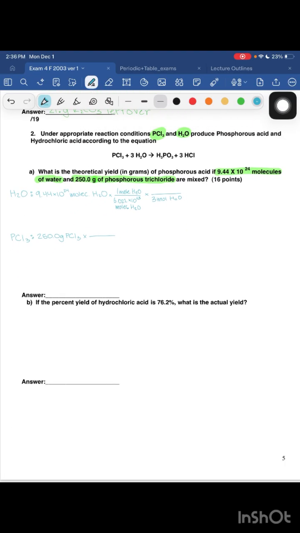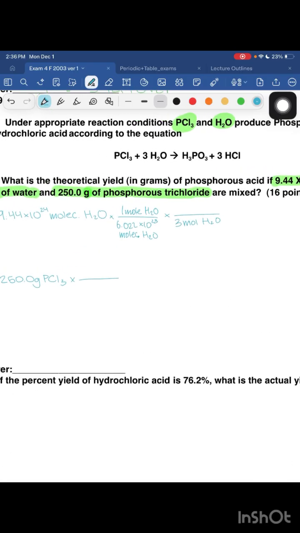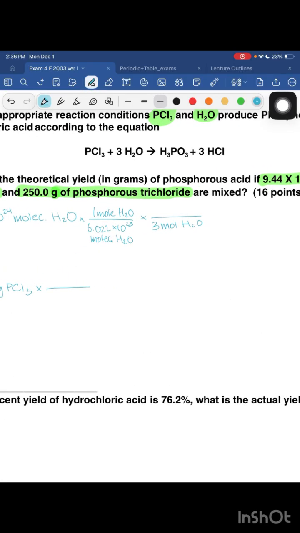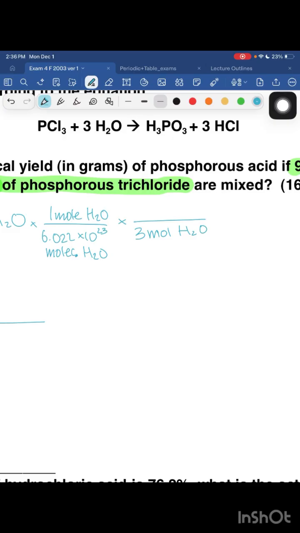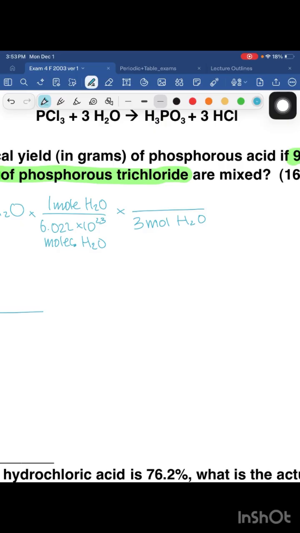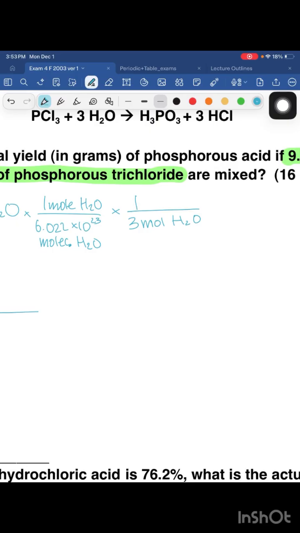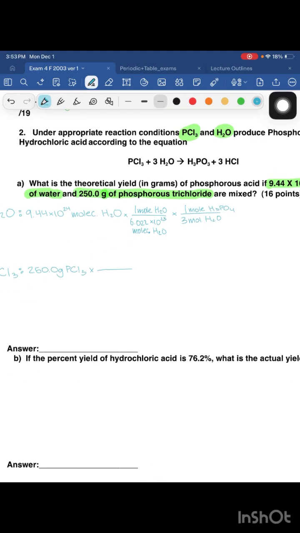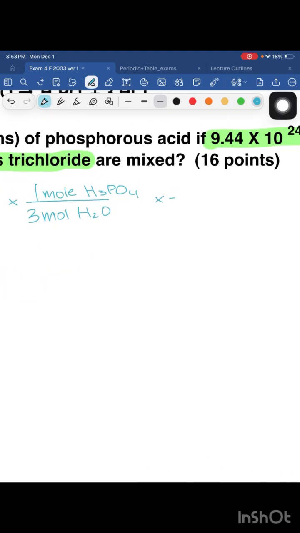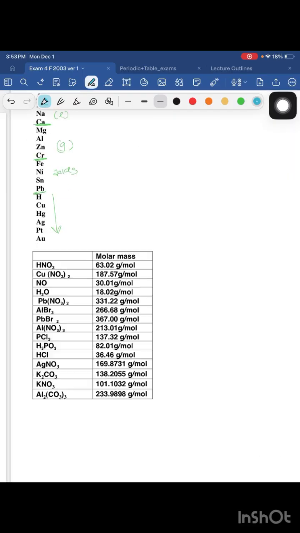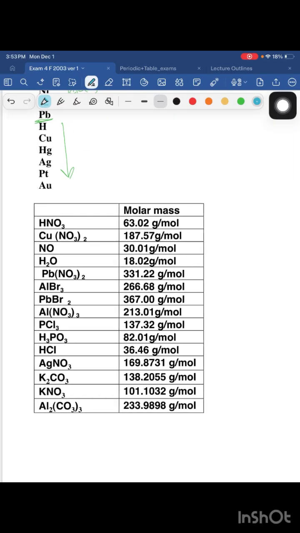Okay, it asks for the theoretical yield of phosphorus acid. So we need to convert this to phosphorus acid. So it's for every 3 moles of H2O, we have 1 mole of phosphoric acid. And then from there, go to grams. That is 82.01.